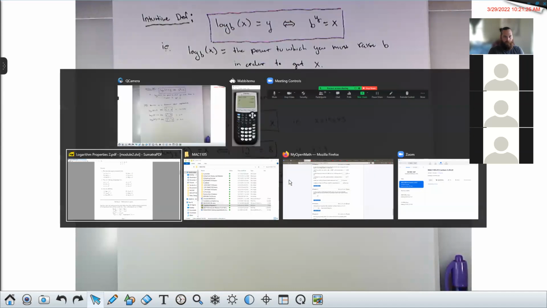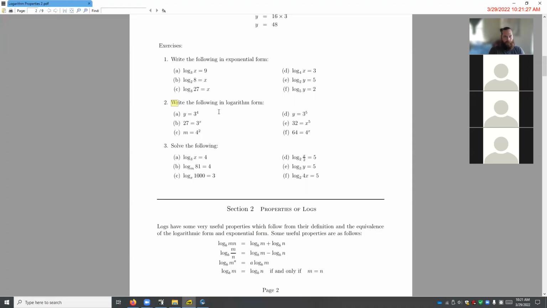Okay, let's try something else. Let's take the exponential statements and rewrite them in log form.